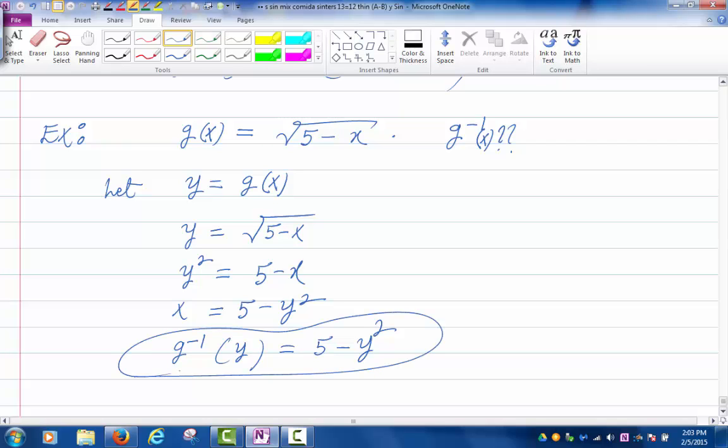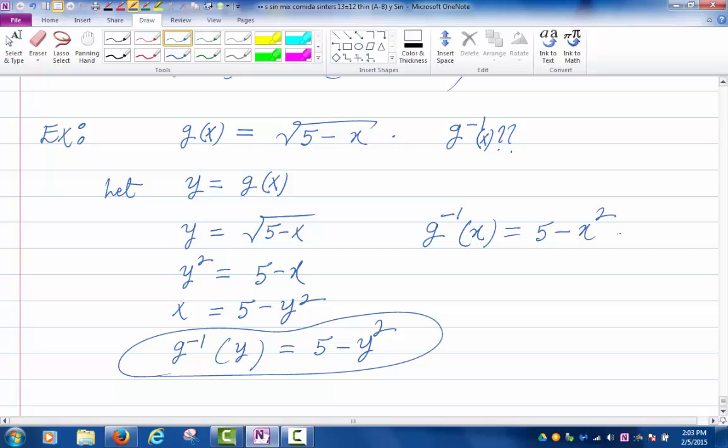However, usually we don't use y for the input, right? Usually we use x for the input. So g inverse of x would be 5 minus x squared. This last step is unnecessary, but it's just tradition to use x.